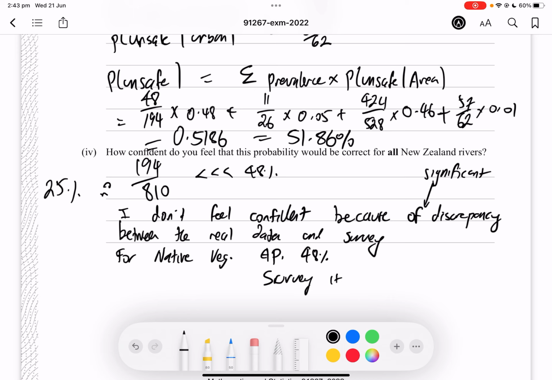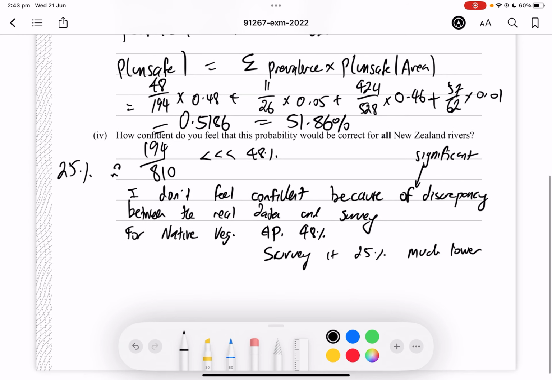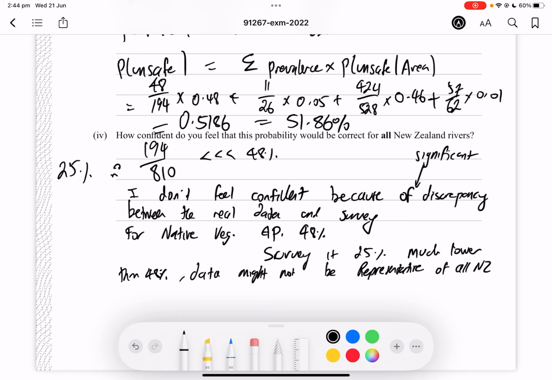That's about 25%. Survey is 25%, which is much lower than 48%. So data might not be representative of all NZ rivers.